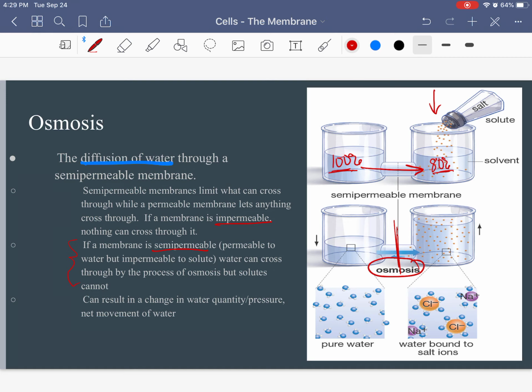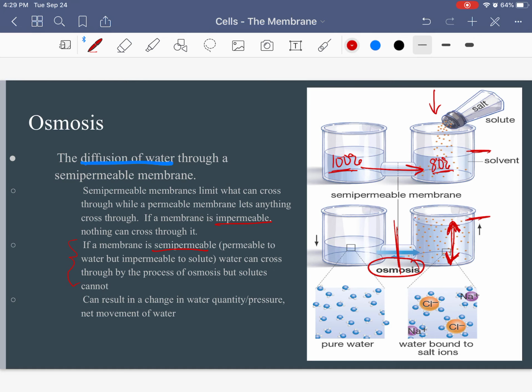Now, what this does is it can change the amount of water in a particular area. So for instance, our level of water here and our level of water here are two different levels. We've increased our water level in an attempt to reach equilibrium. That increase in water level can cause pressure, especially if it's a closed system, like a cell.